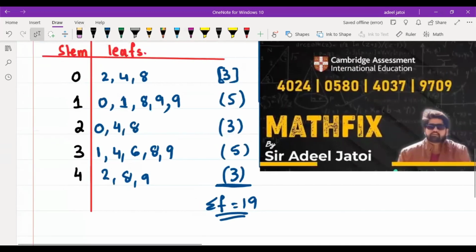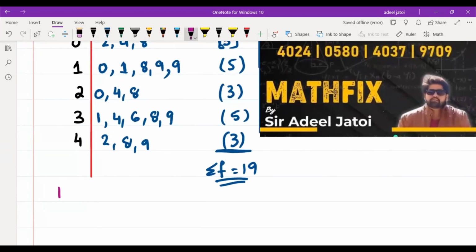Since you prepared the stem and leaf yourself, you will be giving a key as well, which represents the stem and leaf data. For now, let's say the key is 3|4. This represents 34. You can keep your key as per your own choice.